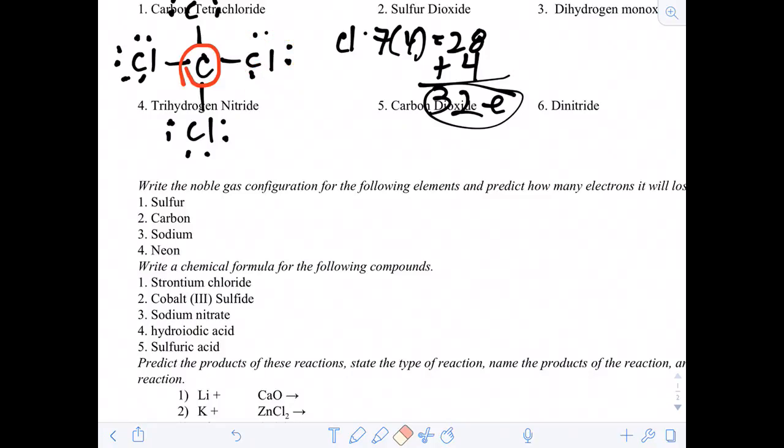What do you think? Tetrahedron, right? Nice. There are no lone pairs. There are 4 things attached to the central atom, so this is called a tetrahedron.